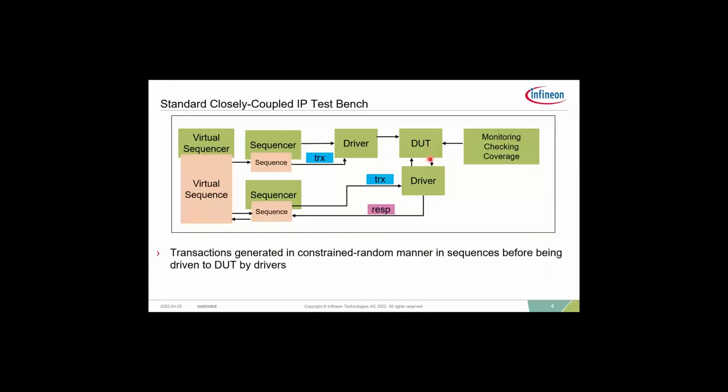The DUT may give some responses, and these responses may be passed back to the sequences to impact the generation somehow. There's lots of other stuff that goes on in the test bench, monitoring of the design behavior, checking the design behavior, and coverage. I won't focus on these because these things remain largely unchanged in the decoupling process I'm going to talk about.